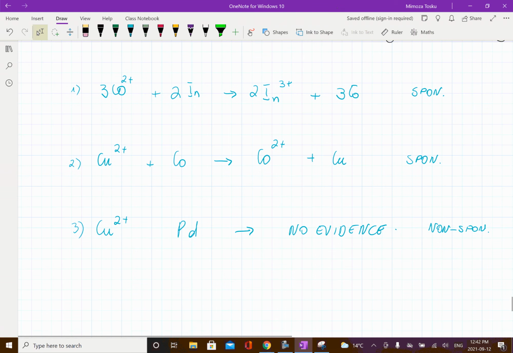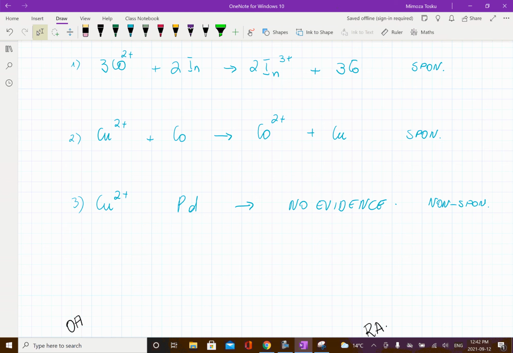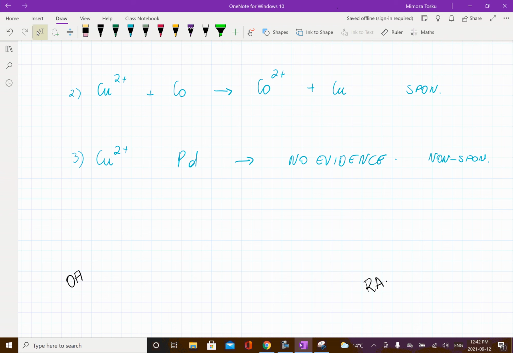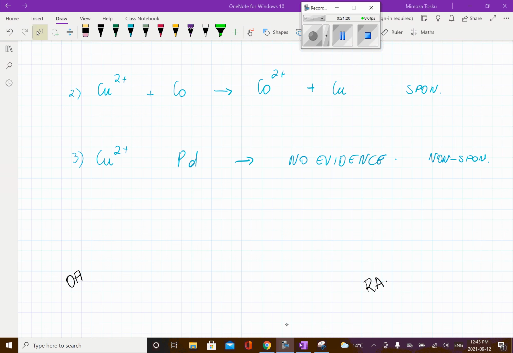On the first one, we have a spontaneous reaction. So what is happening is that copper 2 plus is above iron, because we have to have that natural flow of electrons.